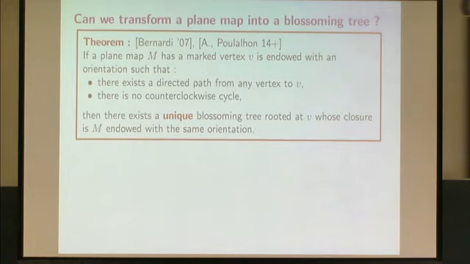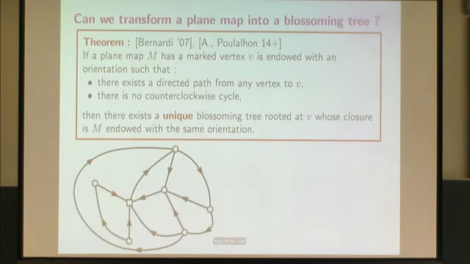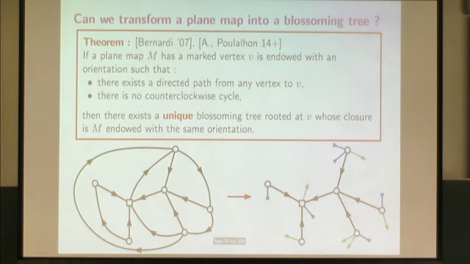That's a result initially by Bernardi, which I generalized a little bit with Dominique Poulalon. So in other words, if I give you this map with an orientation that is without counterclockwise cycle, and you can check here that from any circle vertex you have a directed path to the square vertex, then there is a unique way to open it as a blossoming tree.